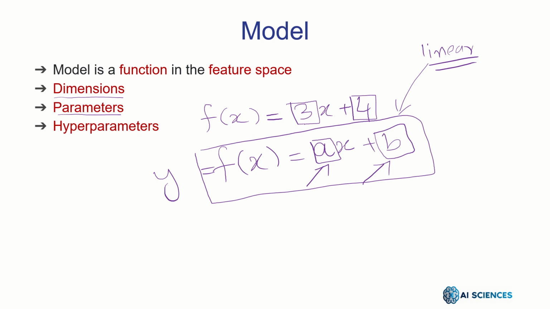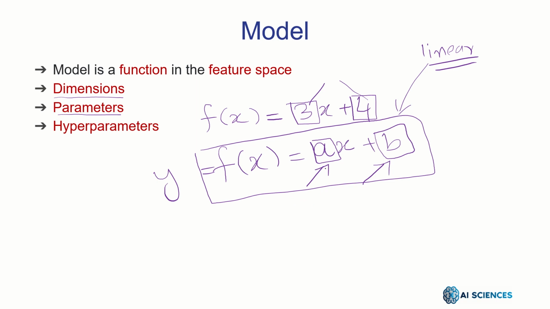But what are the best parameters that actually describe that relationship? To find the parameters, we need to first specify the model class. If the model class is linear, then there are a lot of linear functions inside that model class.